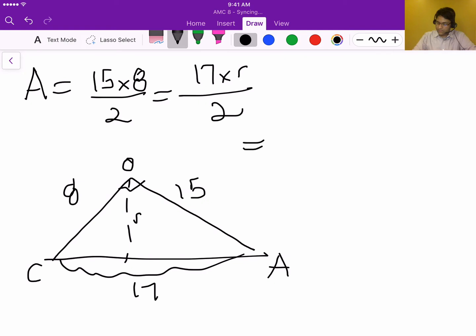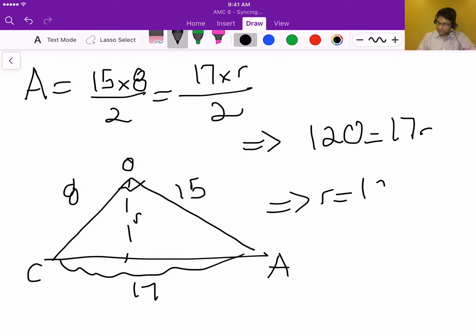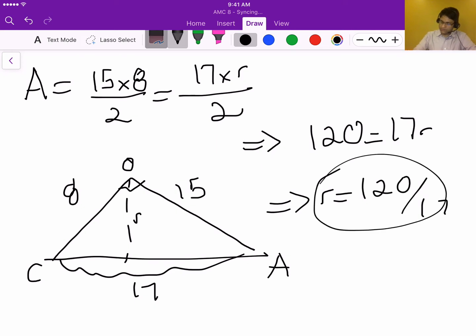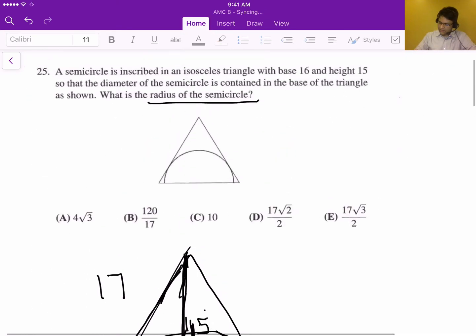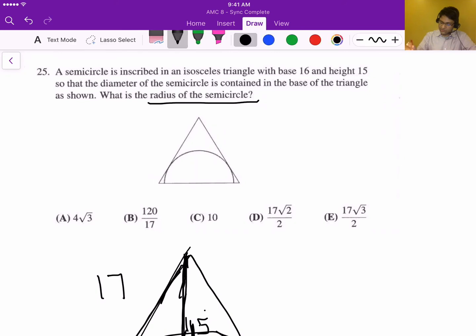So from here we say that 15 times 8, which is 120, is equal to 17R. And thus R is equal to 120 divided by 17. So that's our final answer. And the answer to this question is B.